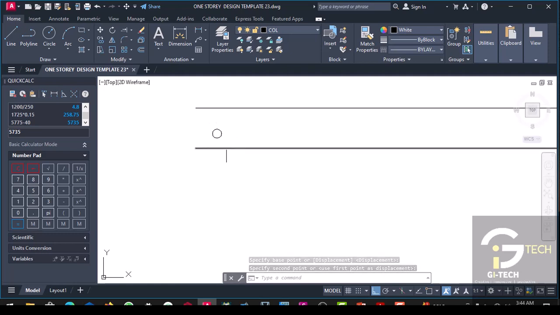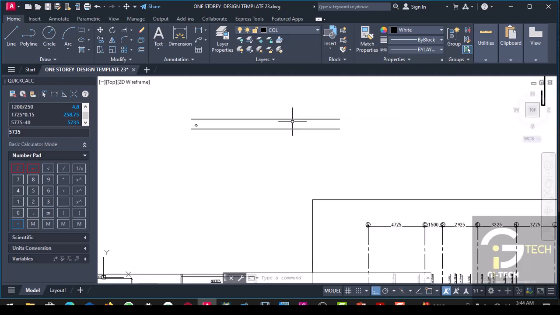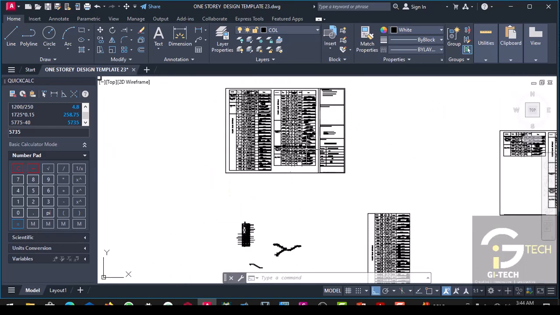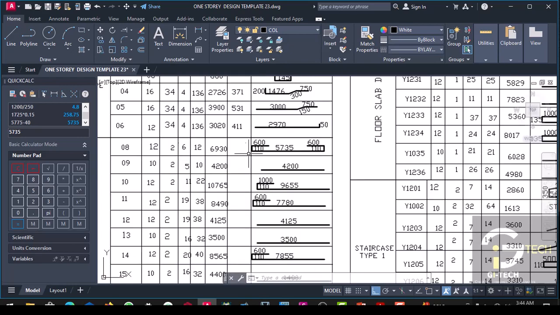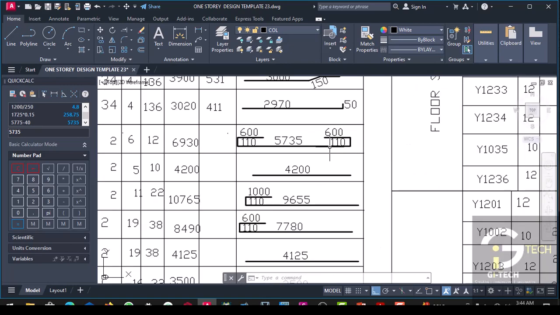So you subtract 20 from the bottom and also 20 from the top, that will give us 40, and the thickness of the slab is 150. So by the time you subtract 40 from 150, you end up having 110. That is why we have this 110 here on both sides.